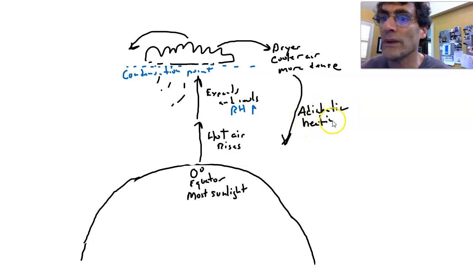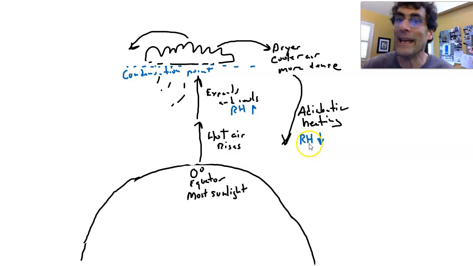The most important thing to know about adiabatic heating is that as the air temperature gets higher, the relative humidity is going to be going down. Ain't never going to get to 100% relative humidity if your RH is dropping.